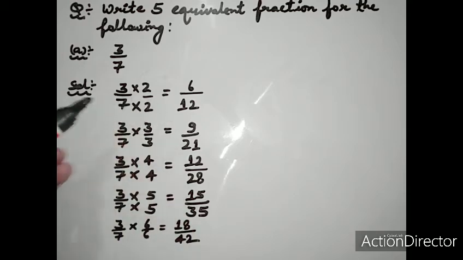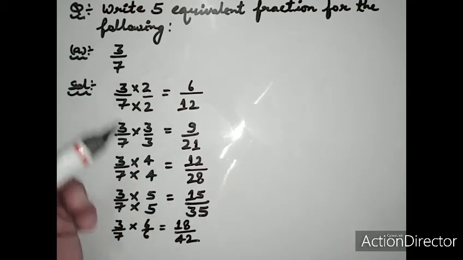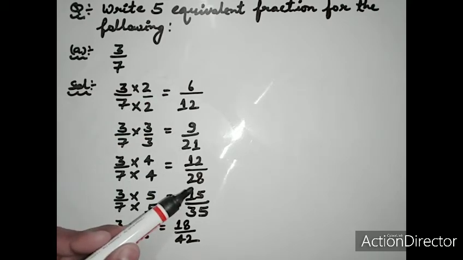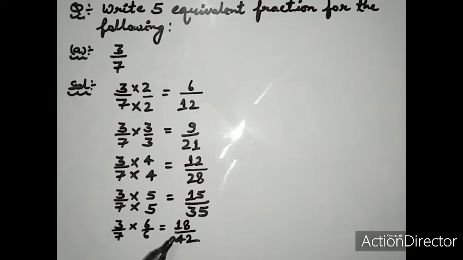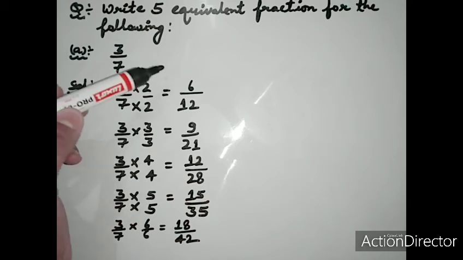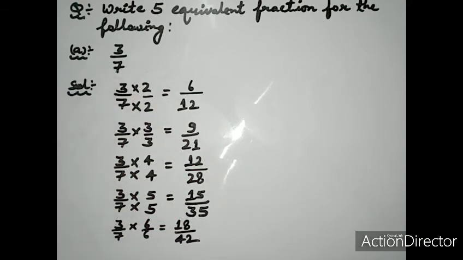Now these are the 5 equivalent fractions of 3 upon 7: 6 upon 14, 9 upon 21, 12 upon 28, 15 upon 35, and 18 upon 42. If we simplify all these fractions, then we again get 3 upon 7.